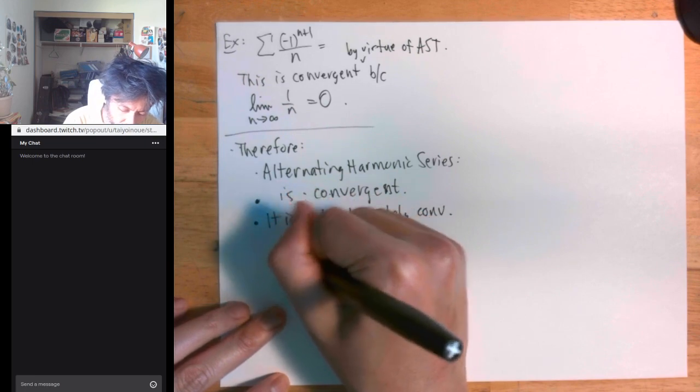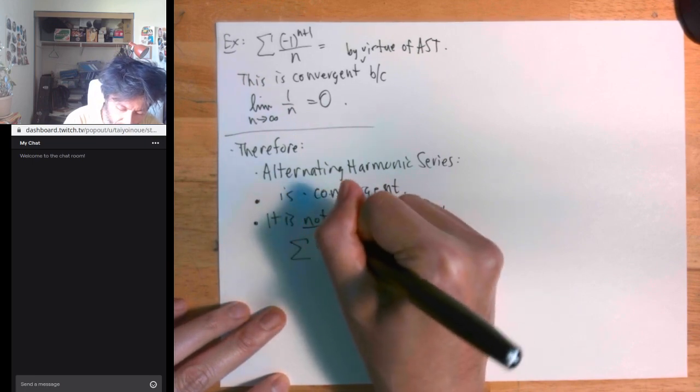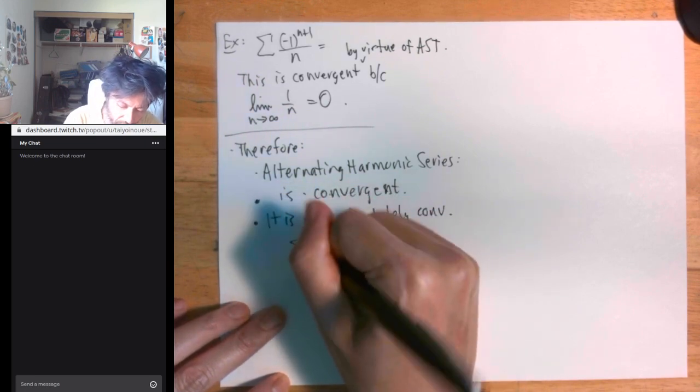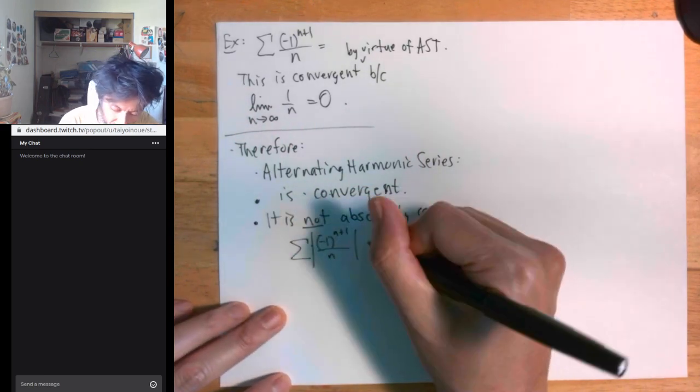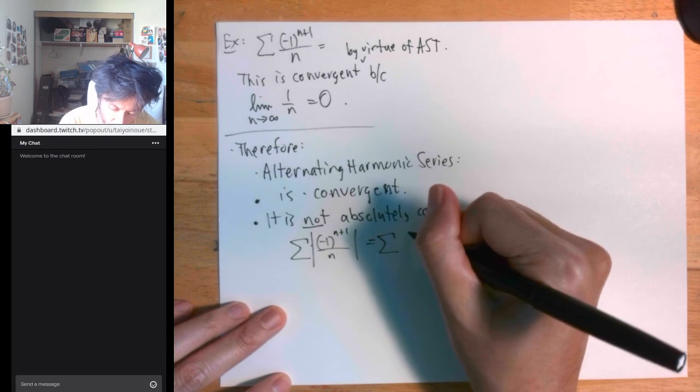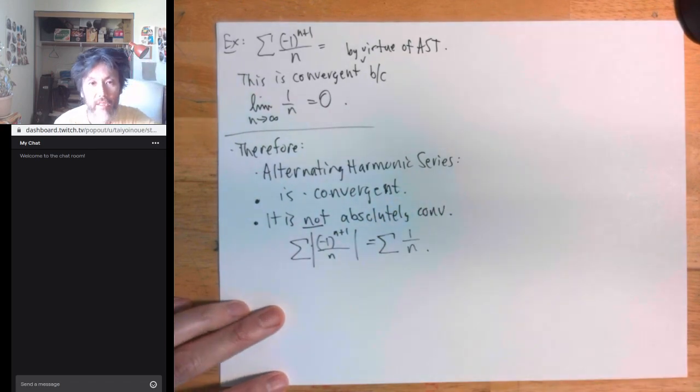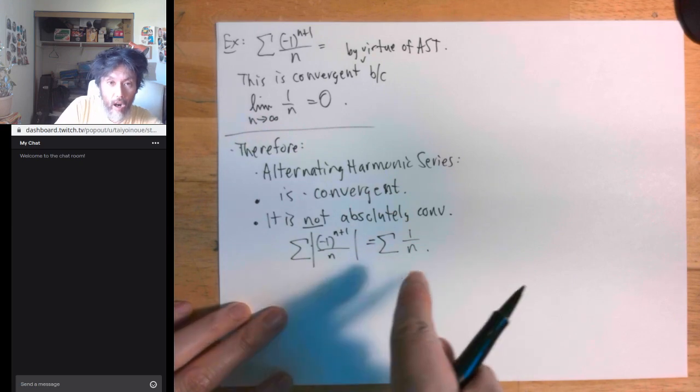Because if we look at the alternating harmonic series and we take the absolute value of it, well, this is equal to the sum of 1 over n. Does that look famous? That is the harmonic series.